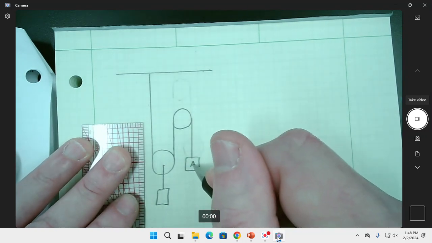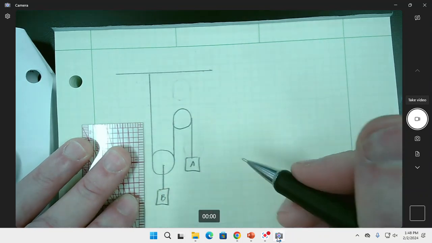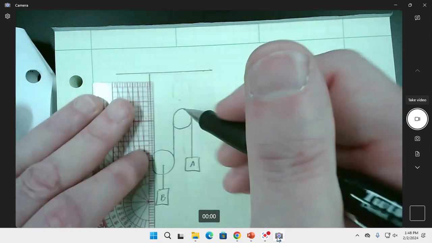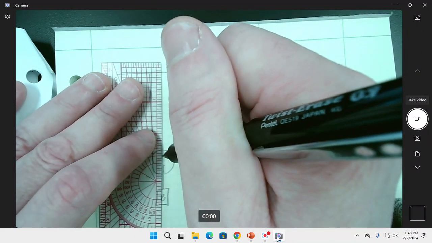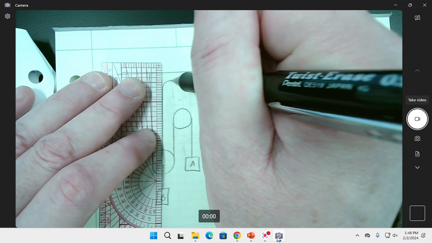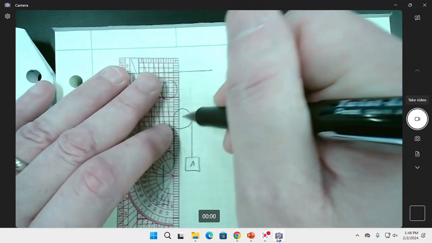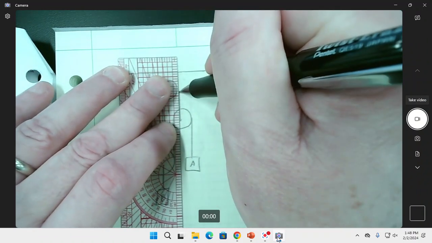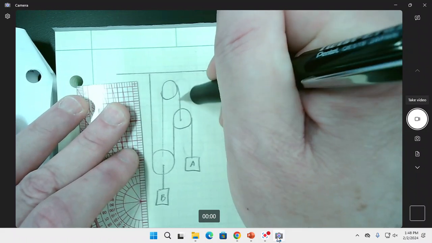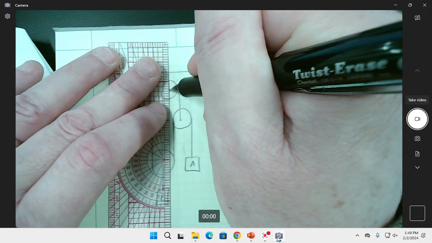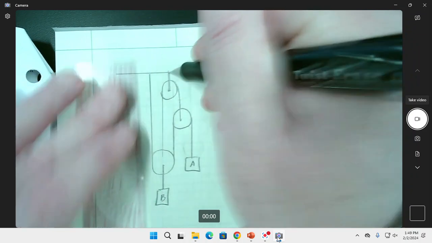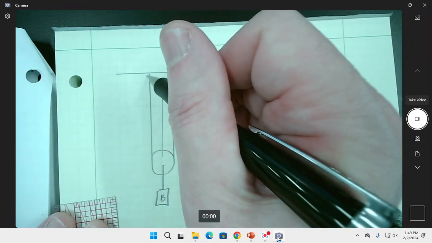It's A. Here's one up here. Yeah, the coil is bending through space. All right.